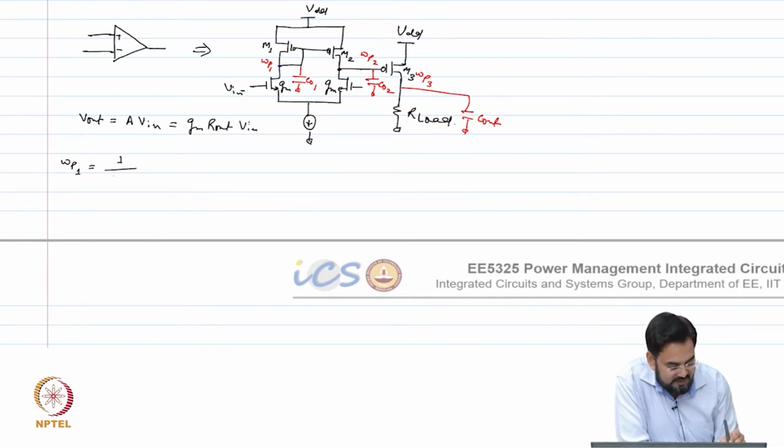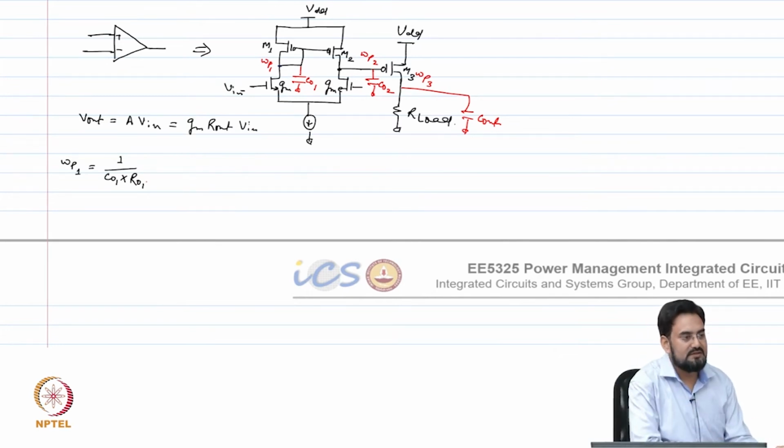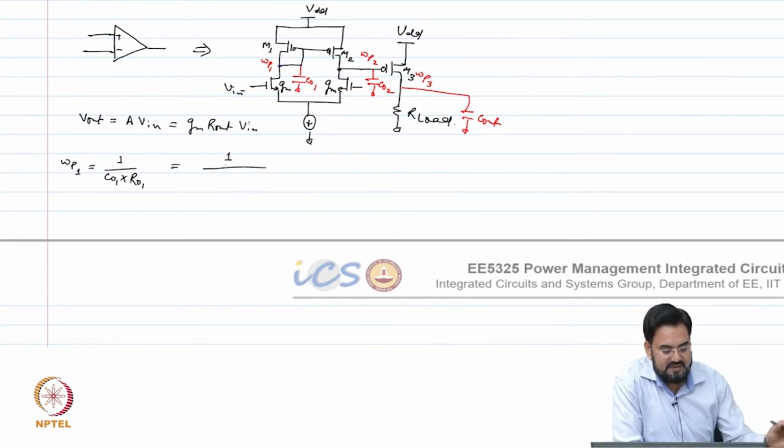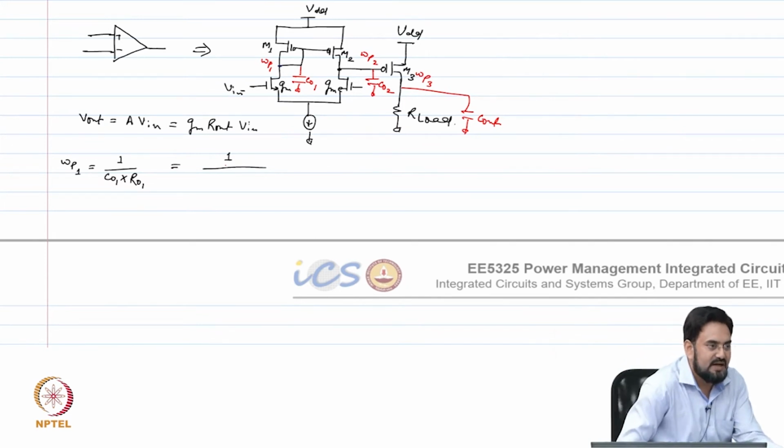So, let us say I call it CO1 into RO1, which is the R out looking at that node. So, what is the RO1, the R out at that node? If you consider that the transistors are in saturation, then RDS is pretty high.